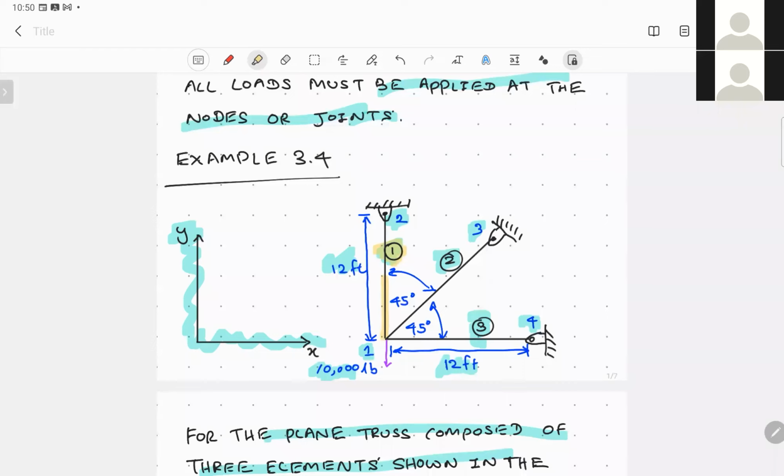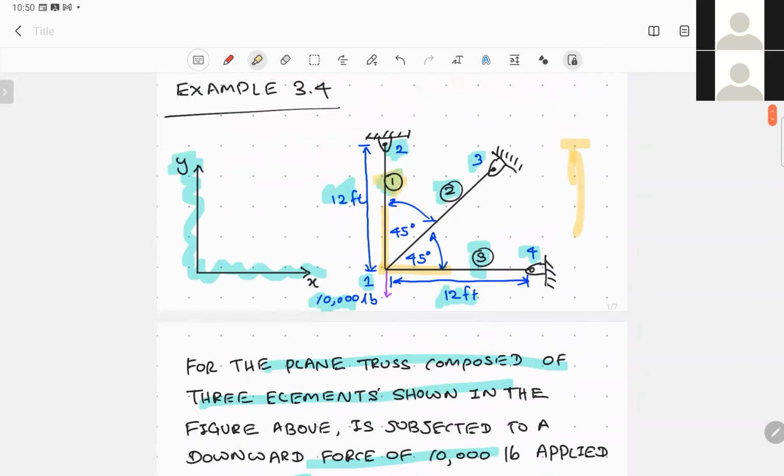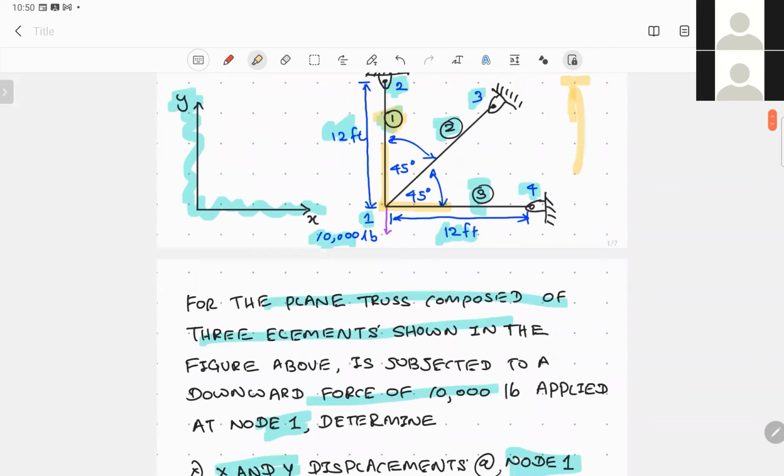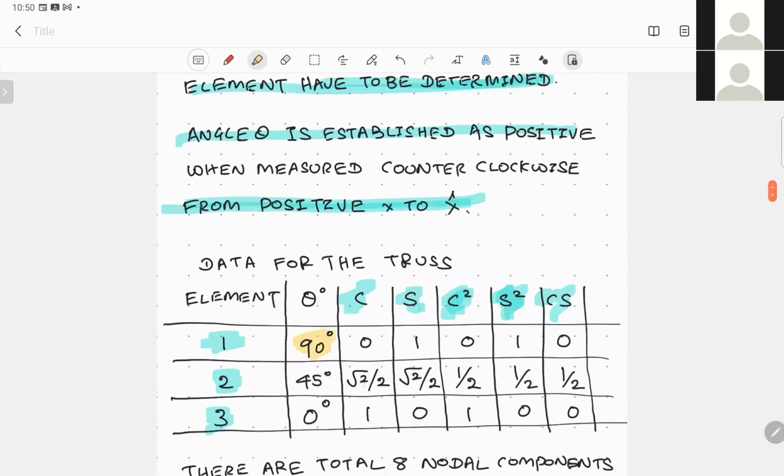According to the global coordinate system, the x is defined in the horizontal direction like this. It has rotated 90 degrees, and since it is anti-clockwise, it is plus 90 degrees. For bar element 1, the rotation is 90 degrees. So correspondingly, the cos theta, sin theta, and the other terms can be determined.